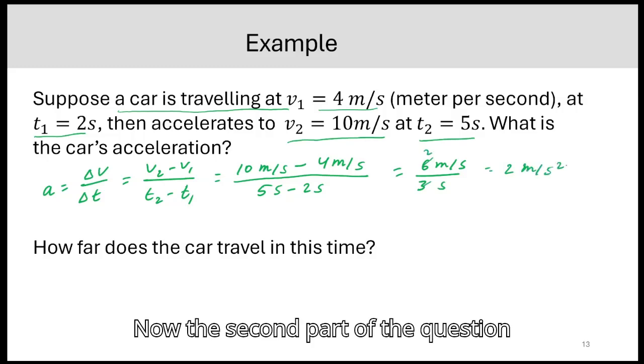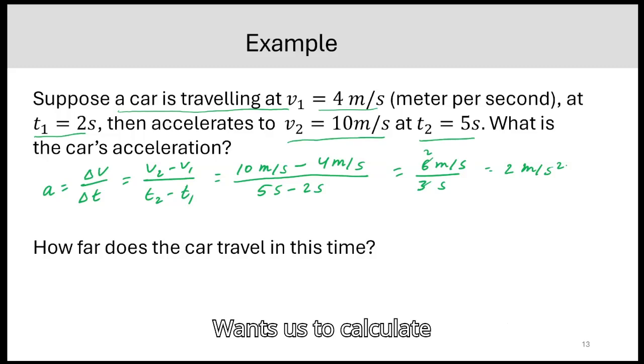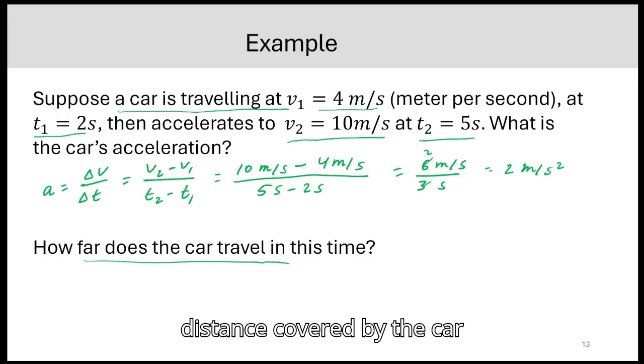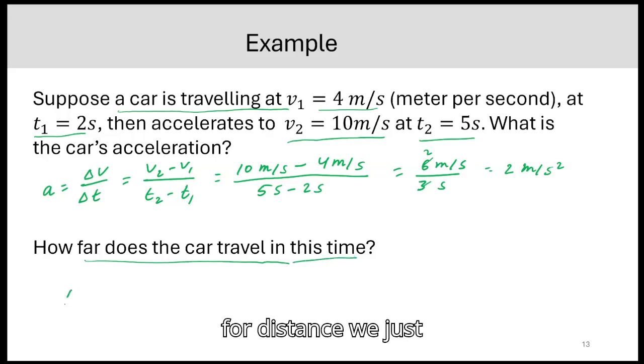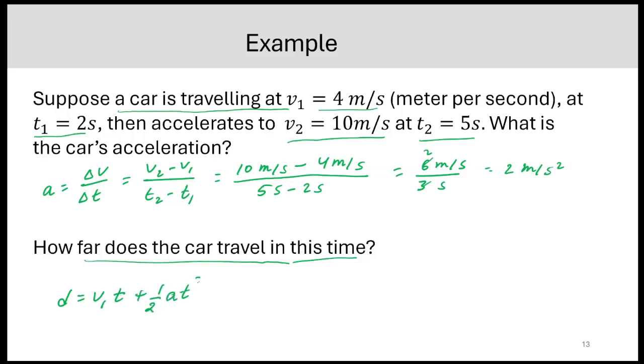Now the second part of the question wants us to calculate the distance covered by the car in this time interval. So the formula for distance we just derived was d equals v1 times time plus half acceleration times time squared.